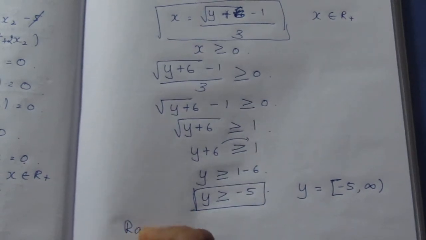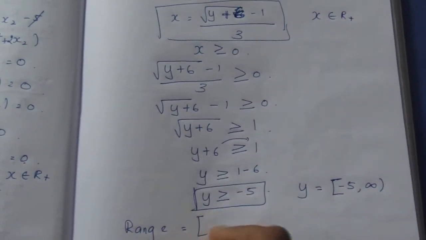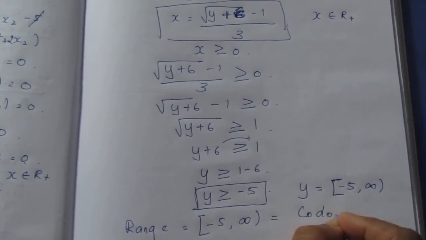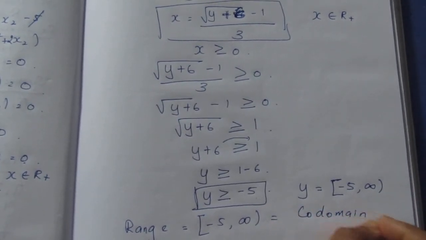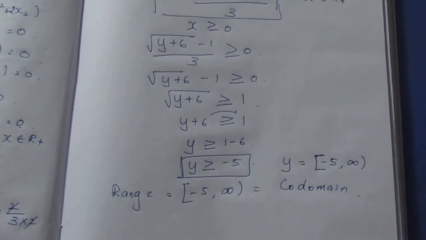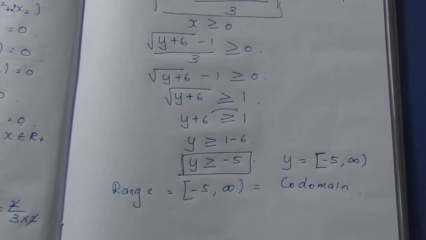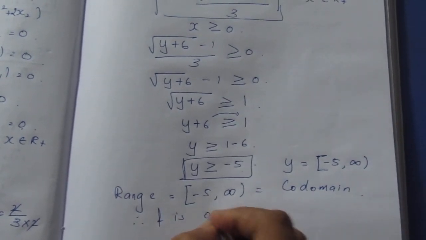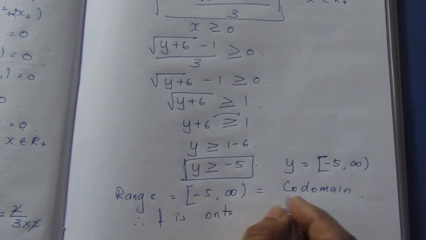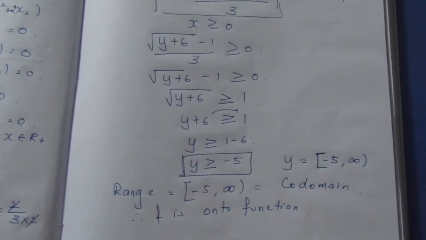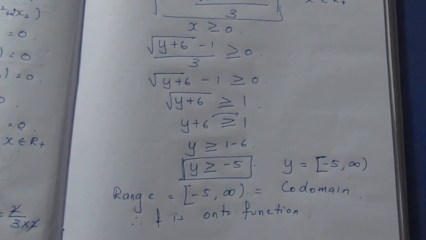We know that the range is minus 5 to infinity, which is equal to the codomain they have given. They have given the codomain as minus 5 to infinity. So both are equal. If both are equal, we can directly say that therefore f is an onto function. If the codomain and range are equal, we can say that the function is an onto function.